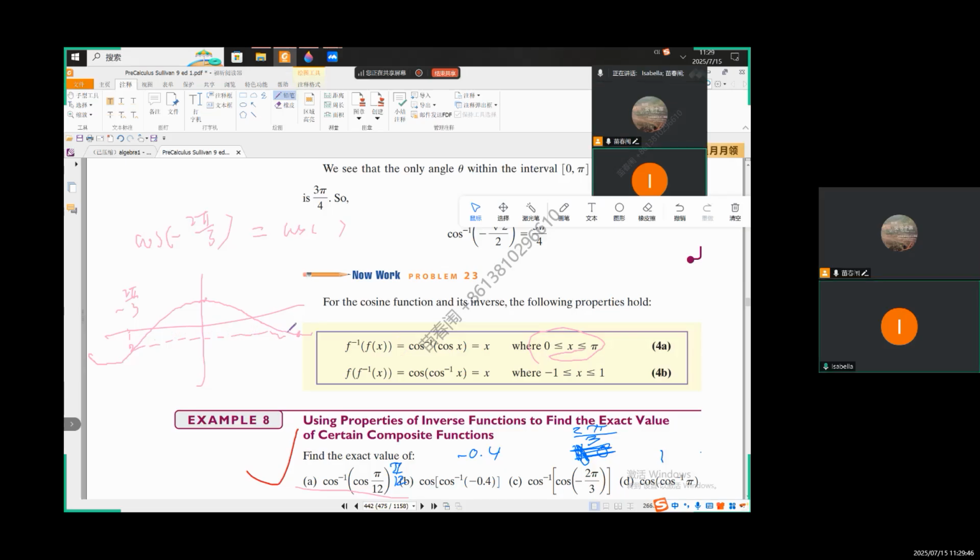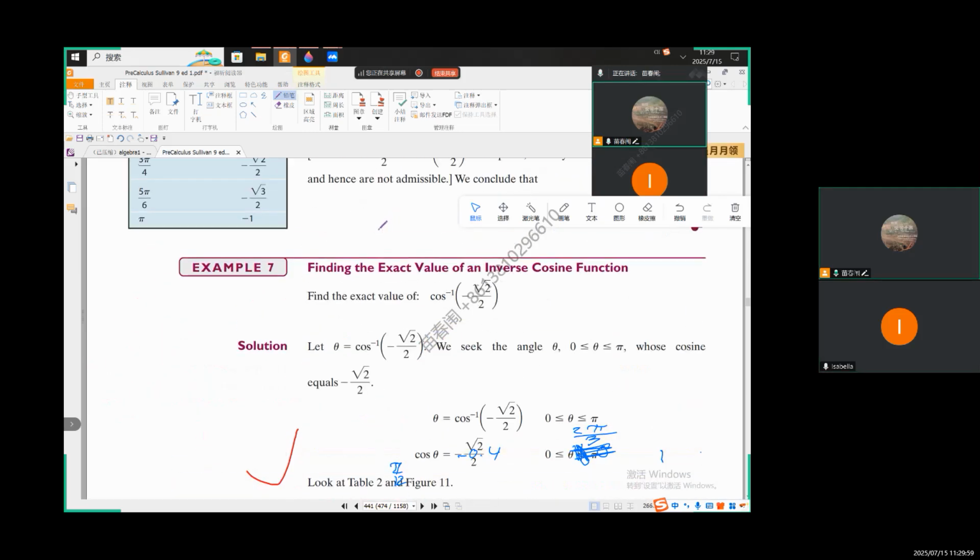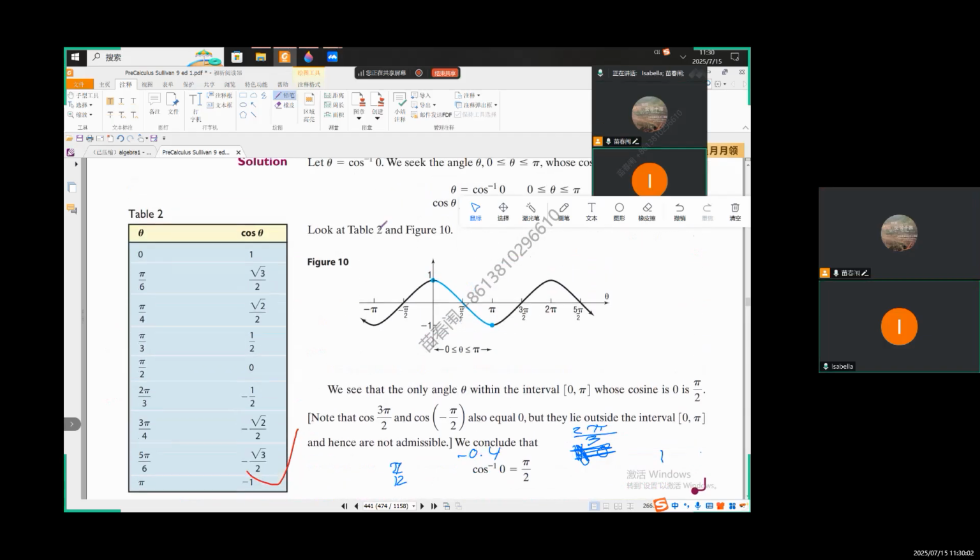Why is this one 2 pi over 3, but the other one was like 3 pi over 8 for 5 pi over 8 or something? That one was sine.